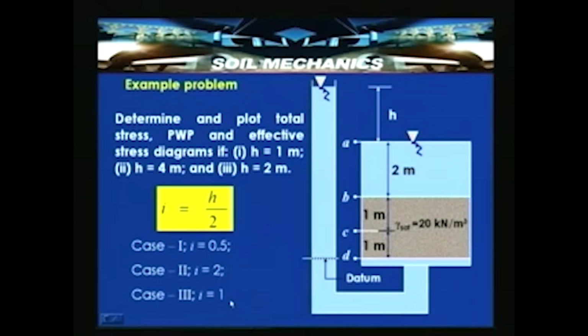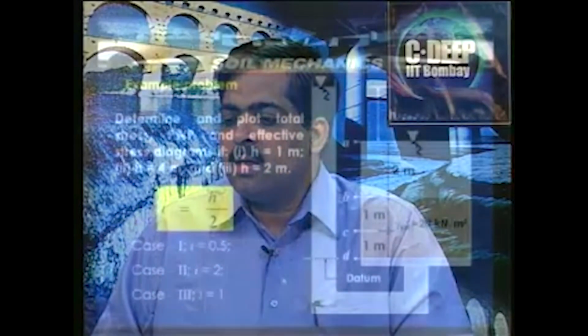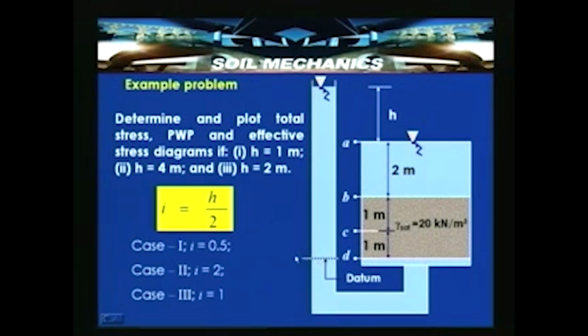Let us see how these different hydraulic gradient conditions affect the solution. In this problem, the plane passing through point D is considered as the datum uniformly for all the cases. C is a point at the midpoint of B and D vertically.